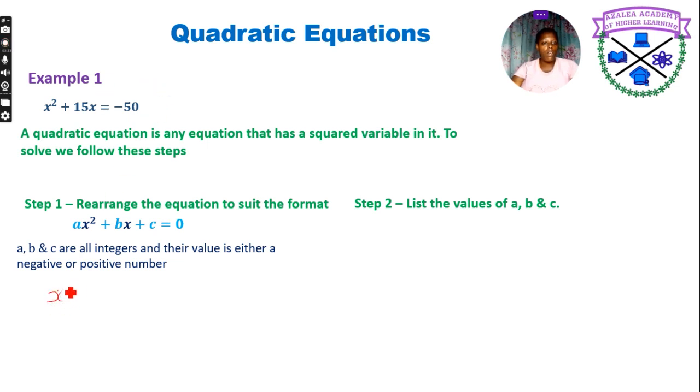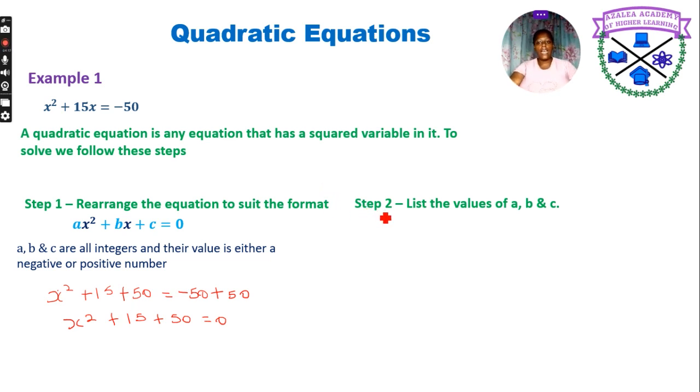So we have x squared plus 15x, and because this is negative 50, we're going to add 50 on this side, and we put back our negative 50, plus 50. Because we didn't add negative 50, we just added 50. So this brings our equation to x squared plus 15x plus 50 is equal to 0. So at this point, you can pause the video and you can make notes.